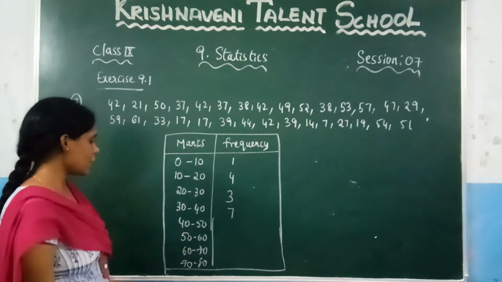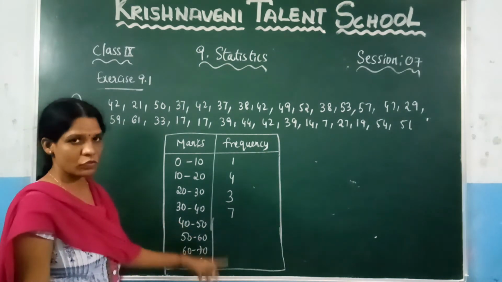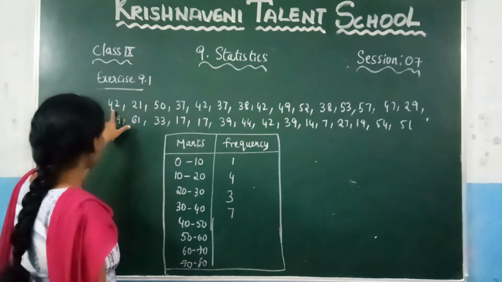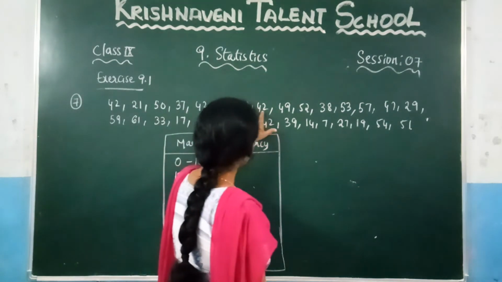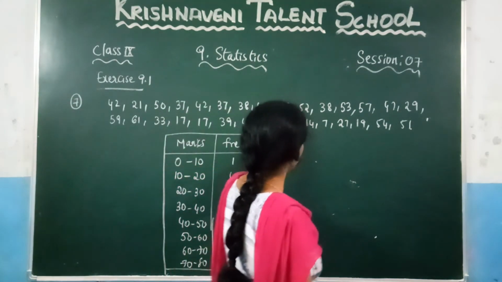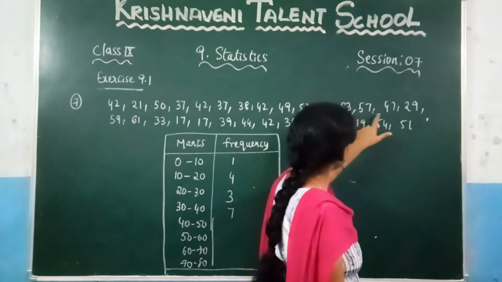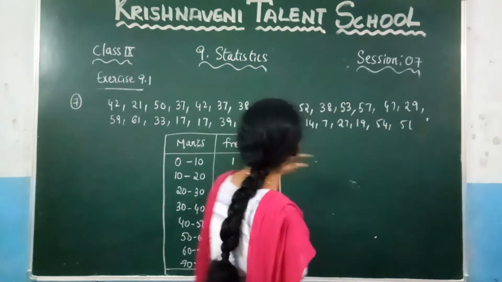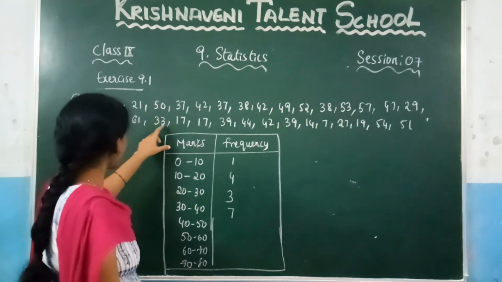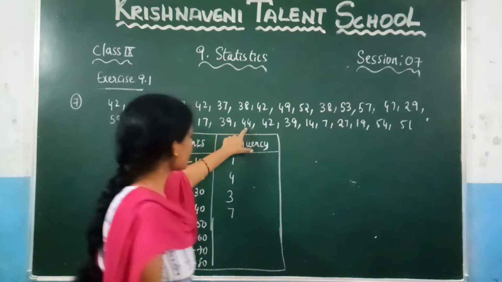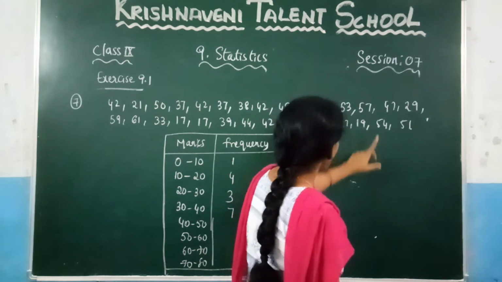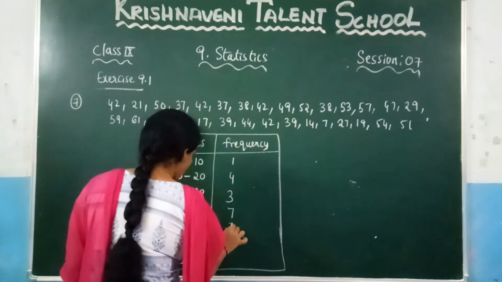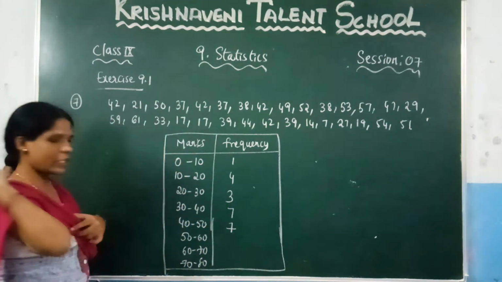So let us see in between 40 to 50 how many students are there. 1, 2, 3, 4, 5, 6, 7. So 7 students are there who got in between 40 to 50.